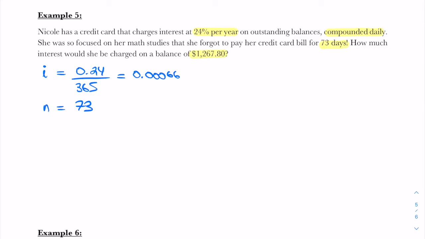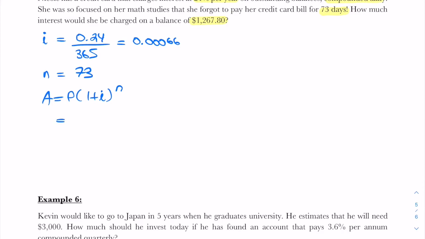Okay, that being said, the compound interest formula is A equals P multiplied by 1 plus i to the exponent n. We have a balance of 1267.80, that's the principal, multiplied by 1 plus i to the exponent of 73. Once again, simplify inside of the brackets first, so BEDMAS still applies.